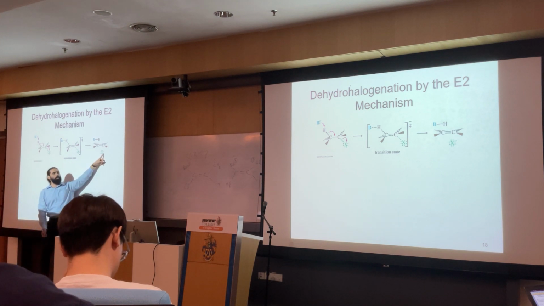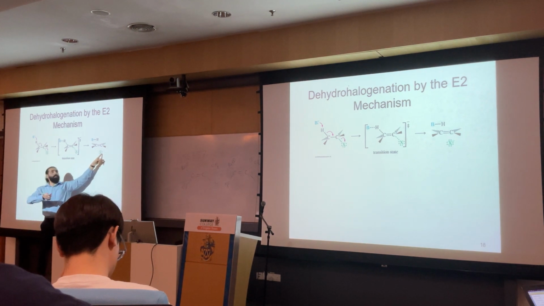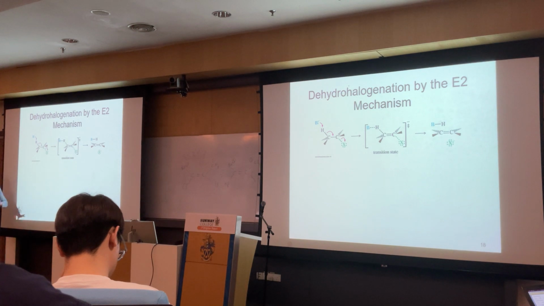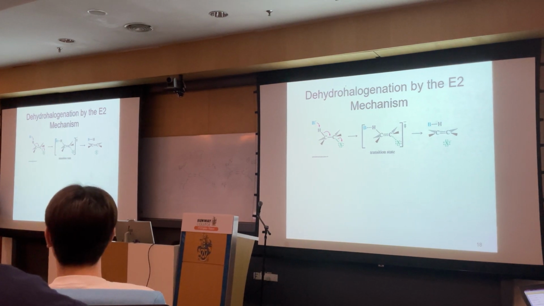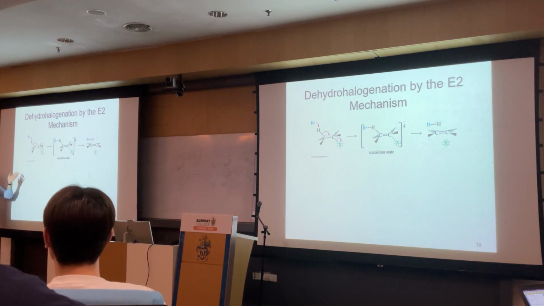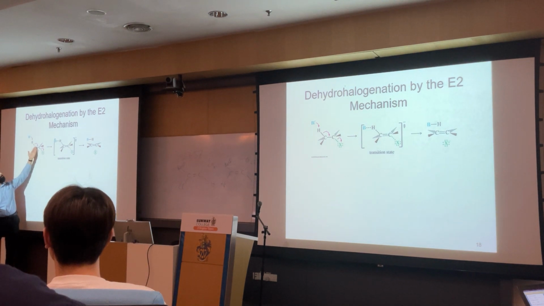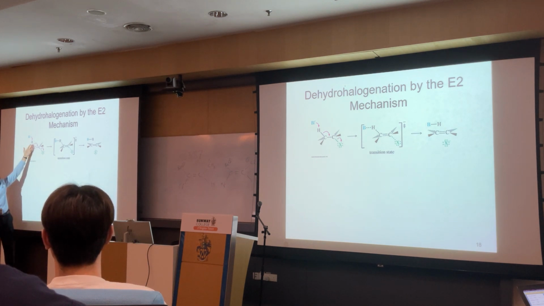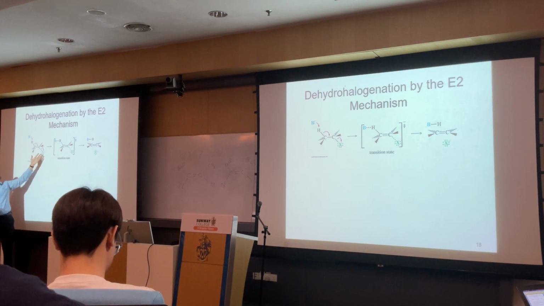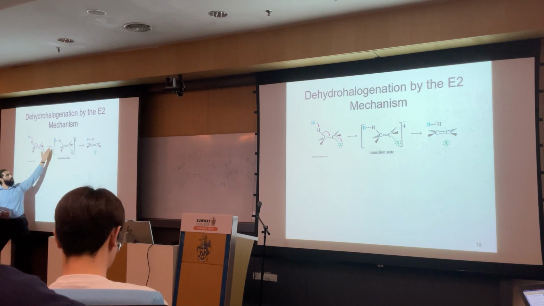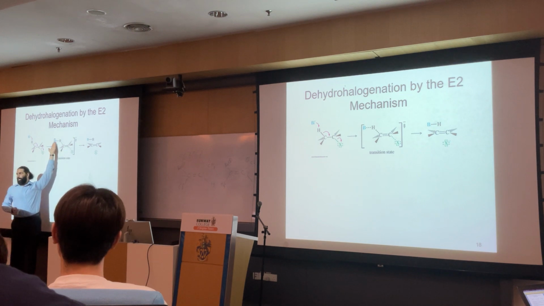And as a result, they will be eliminated in the form of halide, meaning halogen negative ion, right? And all this happens simultaneously. This bond making and bond breaking does not require multiple steps. The attack of base to get the hydrogen and get rid of the halogen, it all occurs simultaneously.